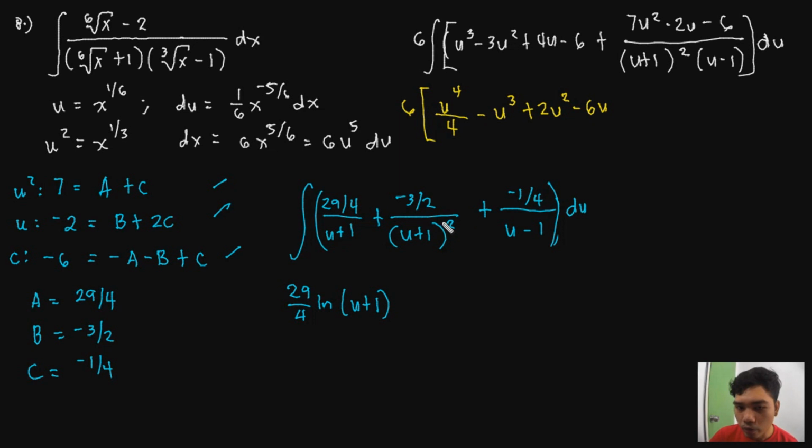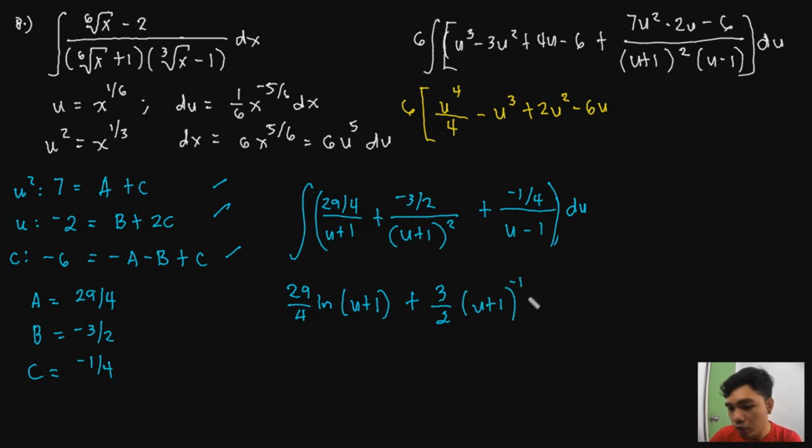Now how about this one? Again, this one is in, let's say, raised to negative 2, diba? And we can understand that this came from negative 1, diba? Doon siya galing. So from this expression, we could say that negative 2 plus 1 would be negative 1 over negative 1. So that becomes positive 3 halves raised to u plus 1 raised to negative 1.